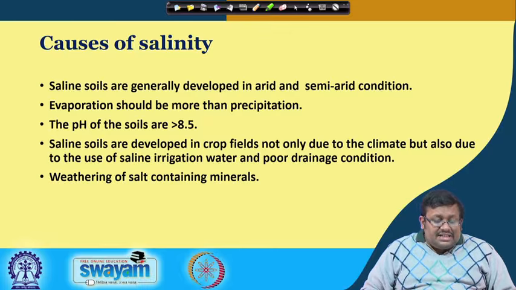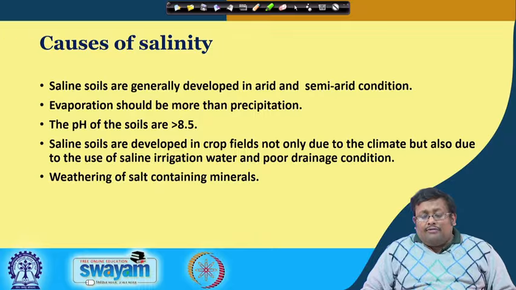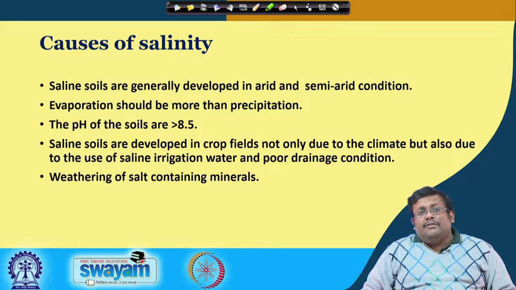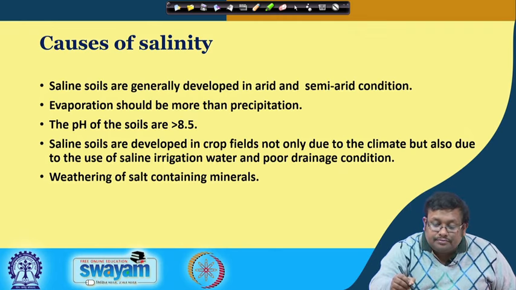Saline soils are developed in crop fields not only due to the climate, but also due to the use of saline irrigation water, poor drainage conditions, and weathering of salt containing material. So, these are a couple of reasons for this soil salinity problem.